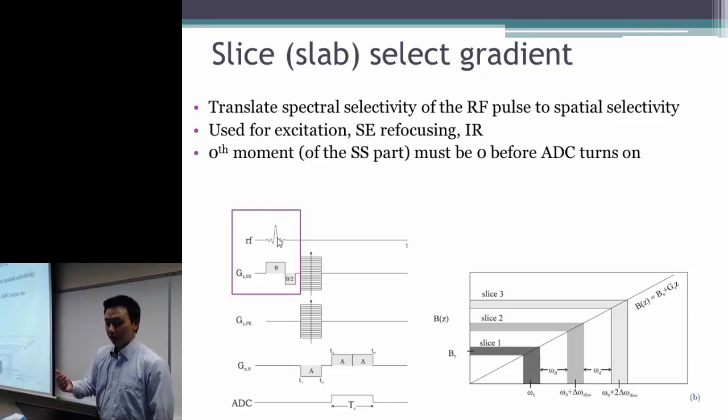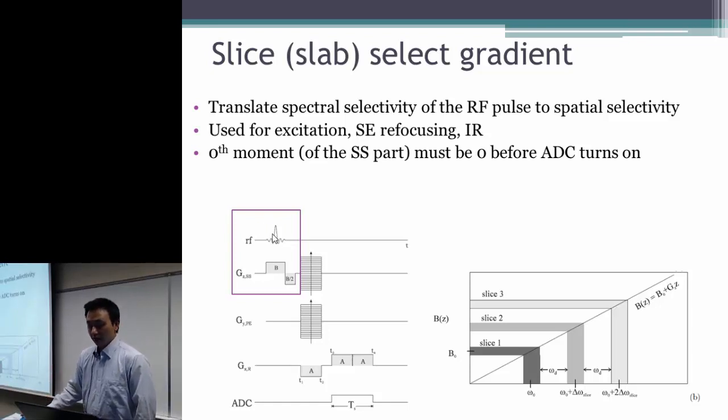To convert it into spatial selectivity, we combine it with a gradient. So RF pulses with different central frequencies would excite a slice at different locations, and RF pulses with different bandwidths will excite slices with different thicknesses.